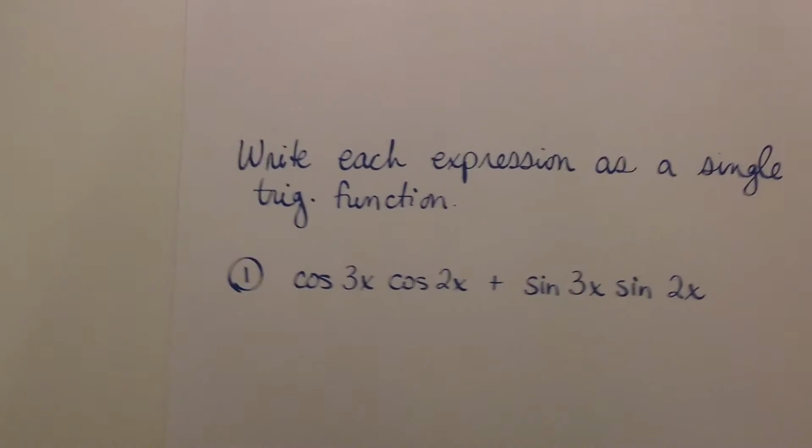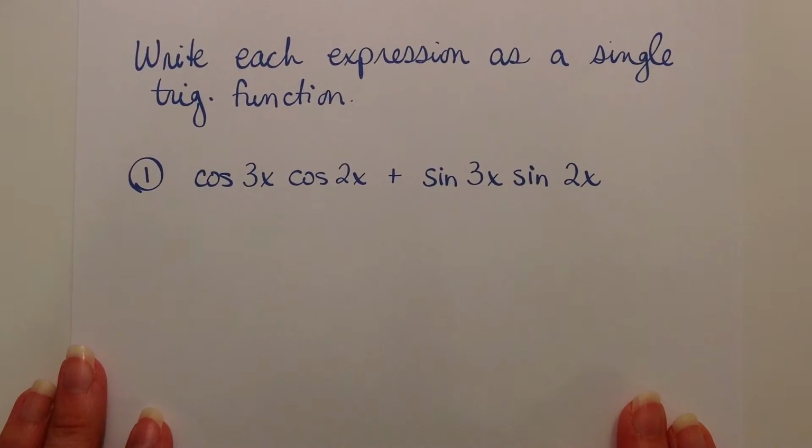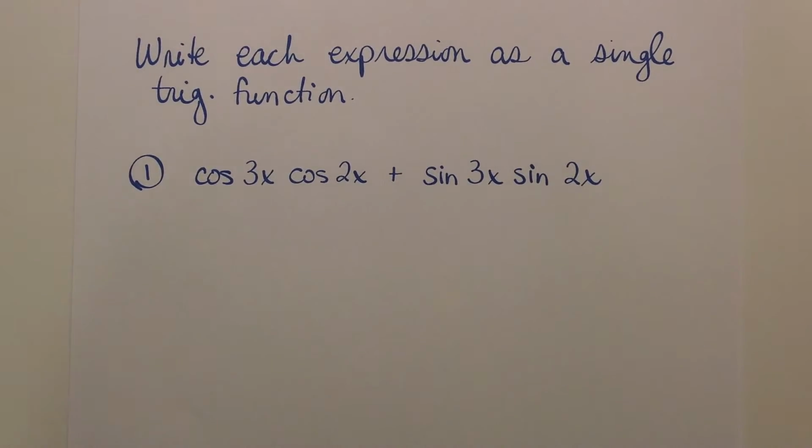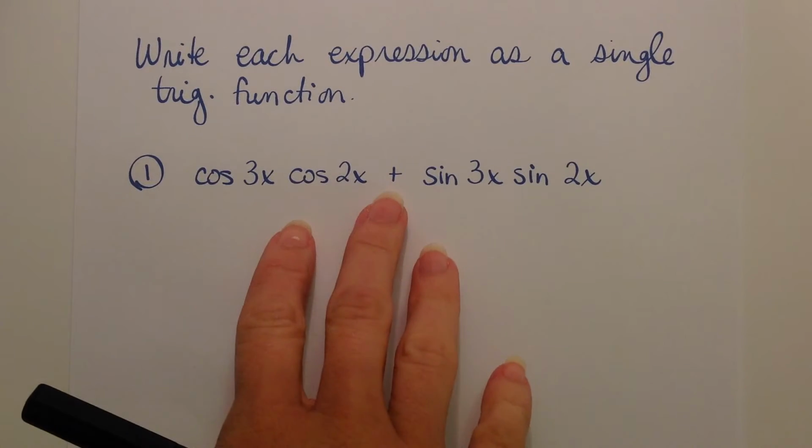Okay, next, still using, of course, the identities, but just kind of in reverse order. All right, so this time you're asked to write an expression as a single trig function. So, of course, single means getting it down to where you have only one trig function. Just look at your identities and see which one this looks like.